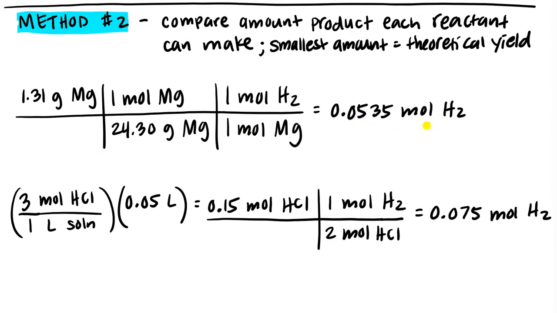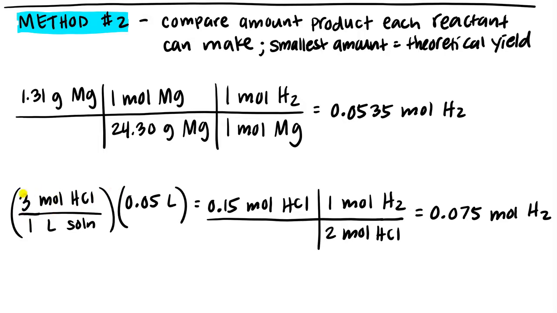Okay? Step 2, I would then need to take the given quantity of the hydrochloric acid and calculate the amount of hydrogen produced from that. And so again, the student would just take the known information about the hydrochloric acid.